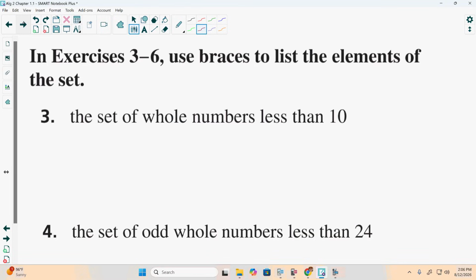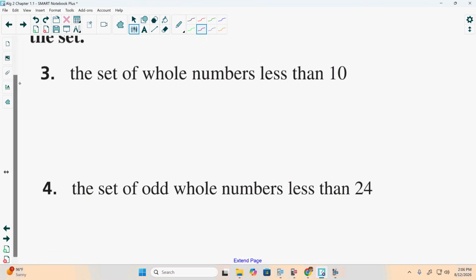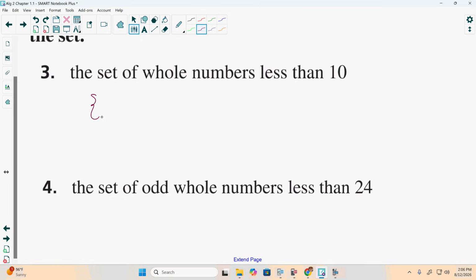But we feel pretty good with our number types. Yes? Now, it's helpful in that we could say the set of whole numbers less than 10. Since we know what whole numbers are, it gives us a description and idea of what we're talking about. So with the set of whole numbers less than 10, if we want to list it as a set, we start with a brace.